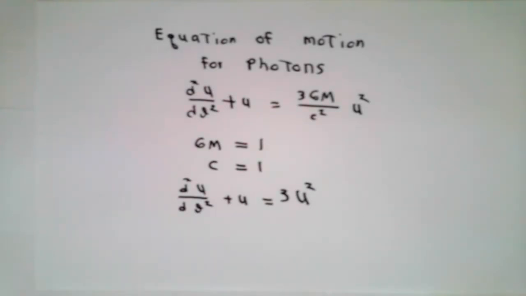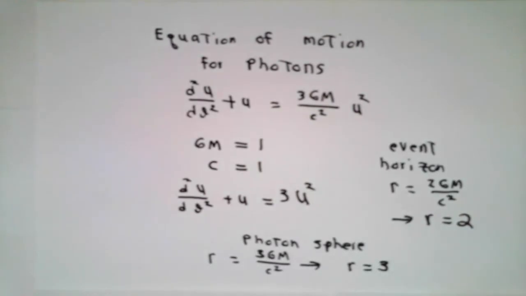This makes my differential equation look a little bit nicer. Also, in these units, I have the location of both the event horizon and of the photon sphere. Likewise, in these new units, the location of the photon sphere is r equals 3.